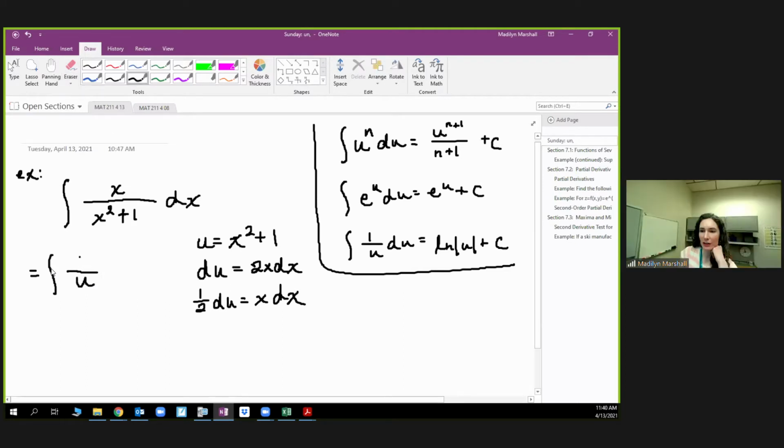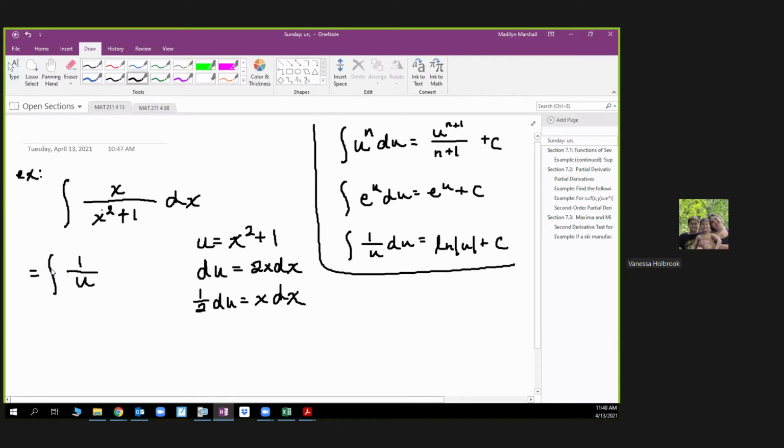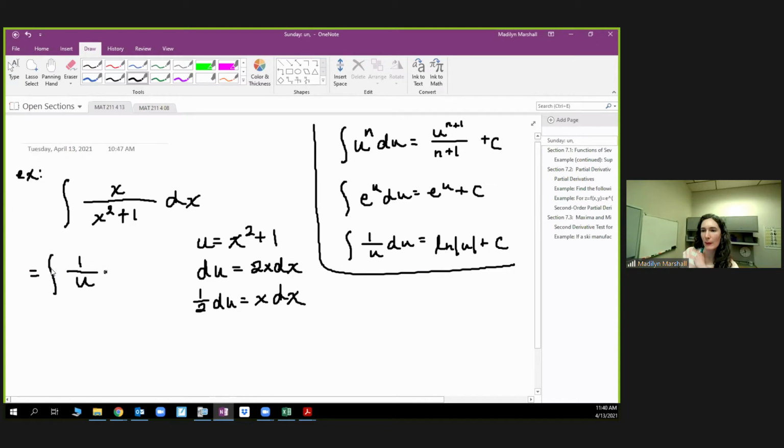So the u can really just be thought of as 1 over u, because the u is just in the denominator, and that x that was up top is being swept away. So there's really just a 1 left over. Okay. And the x dx is being replaced with 1/2 du.